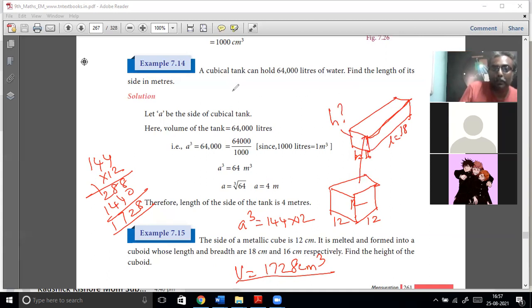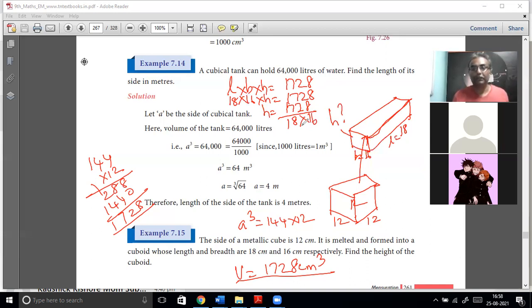So that means length into breadth into height is equal to 1728. That means 18 into 16 into height is equal to 1728. Therefore height is equal to 1728 divided by 18 into 16.